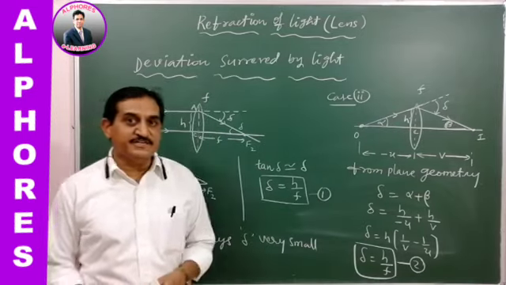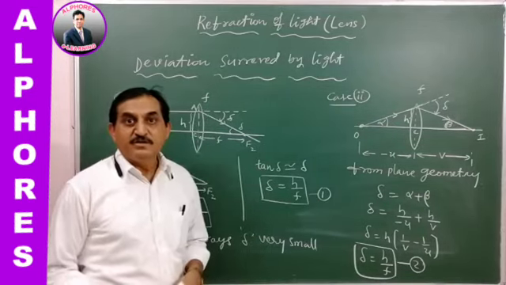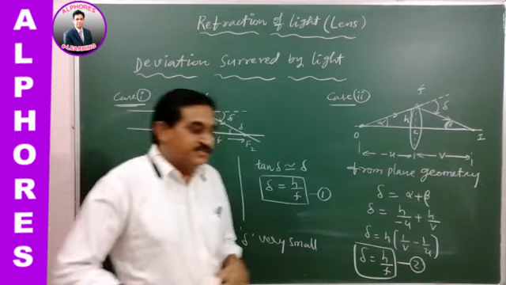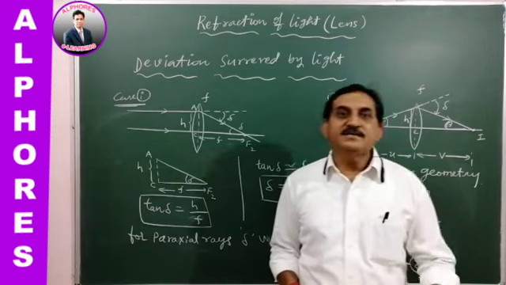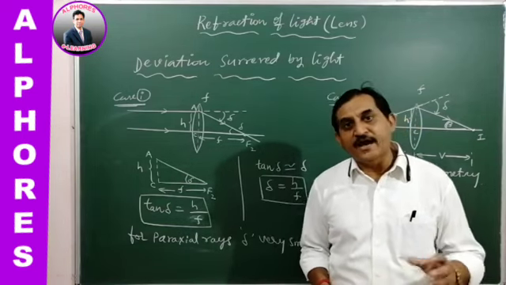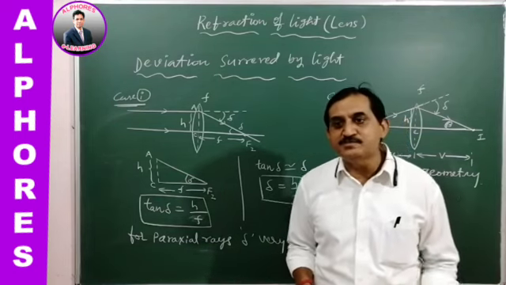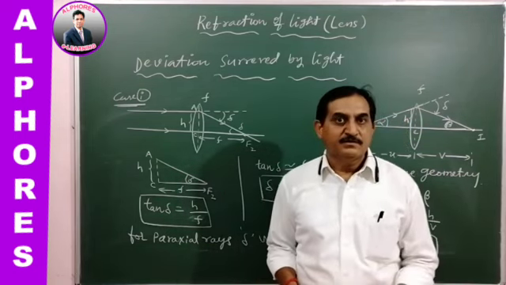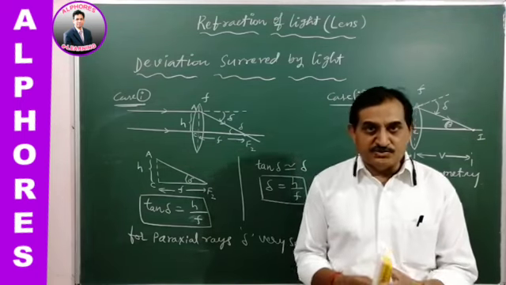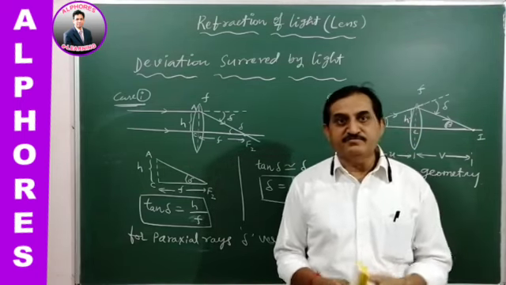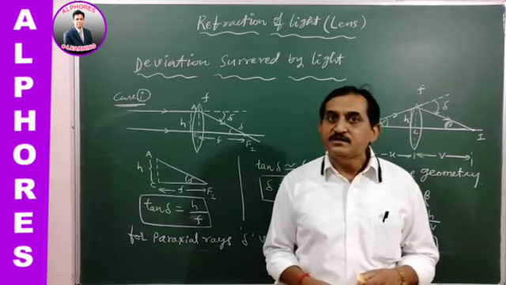So that indicates the power of a lens, whether it is a converging lens or a diverging lens. Definitely converging or diverging lenses should have their own powers. A lens has its own ability by which the light rays converge or diverge after refraction.